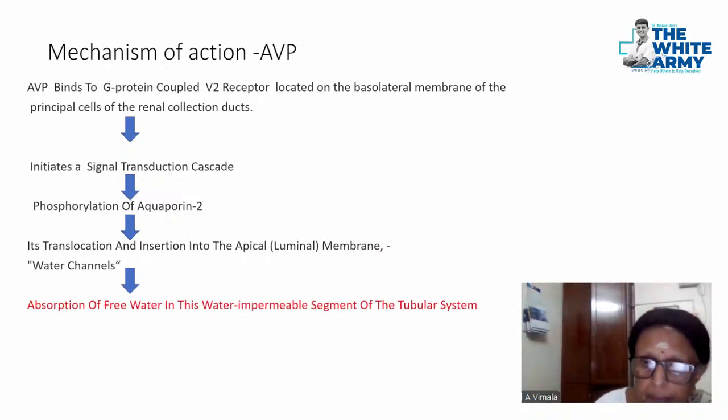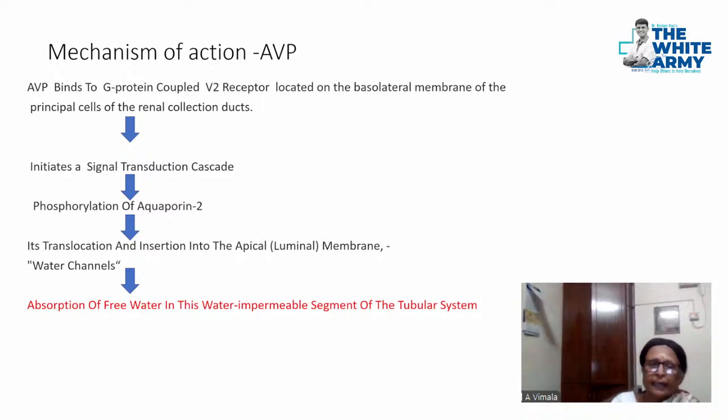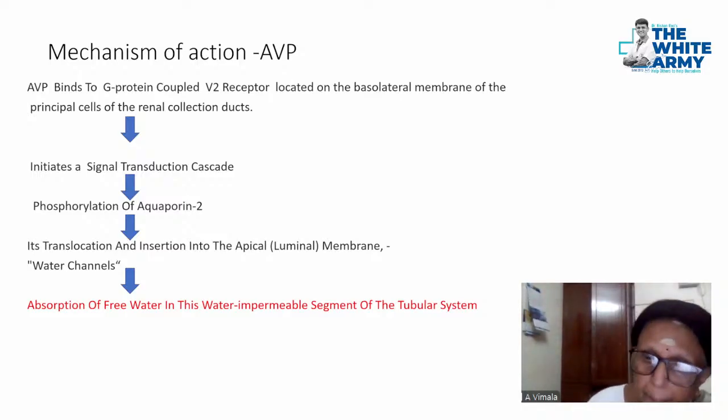And this collecting duct is otherwise impermeable to water. So only when there is ADH, this segment will get activated, allow water to enter the cell and get shifted to the blood. That is why I said whenever the osmolality is low, there is no ADH. So this segment will continue to be impermeable and no water will enter the bloodstream.